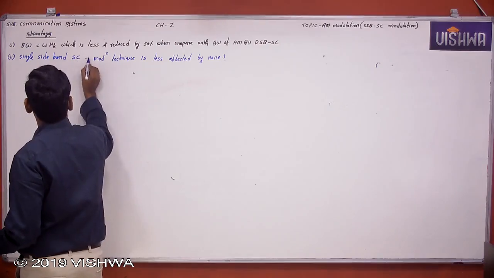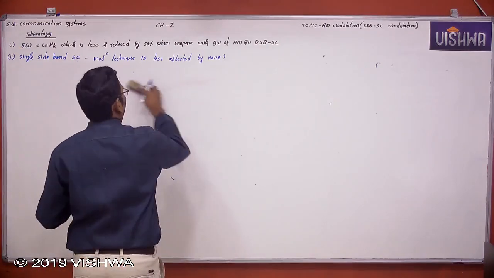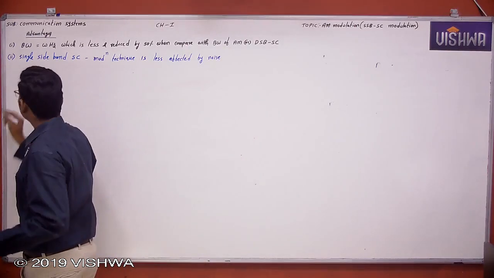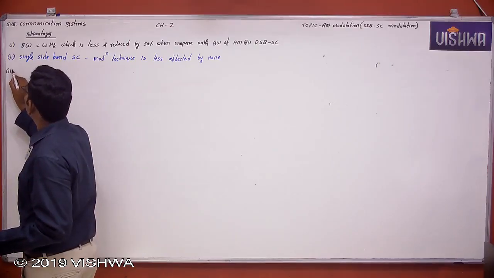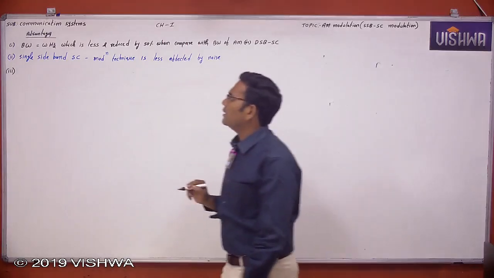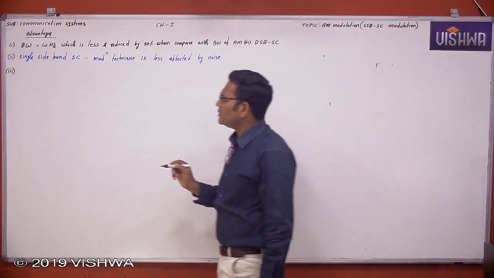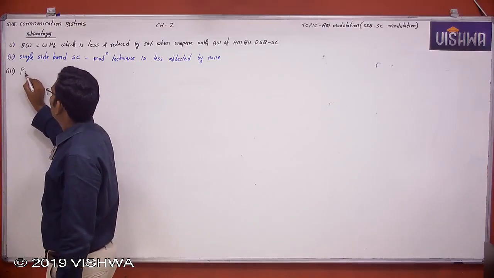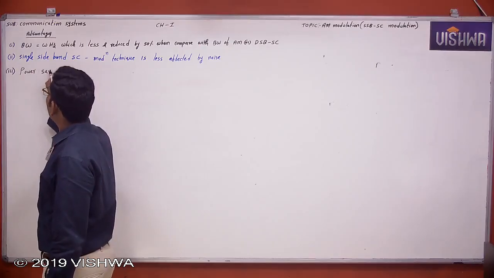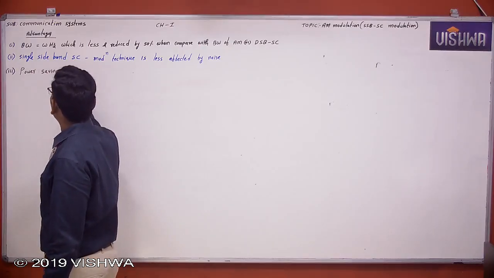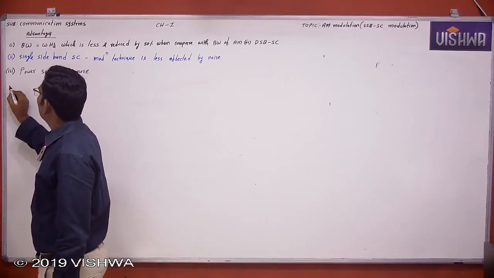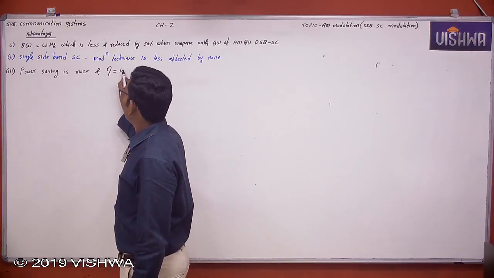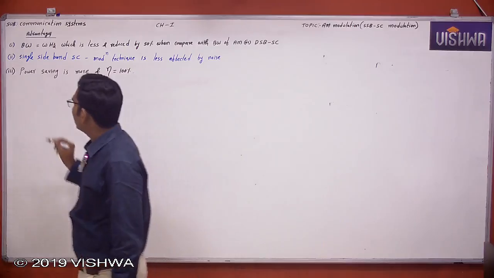Single sideband suppressed carrier modulation technique is less affected by noise, and power saving is more in SSB-SC, and power efficiency is 100%.